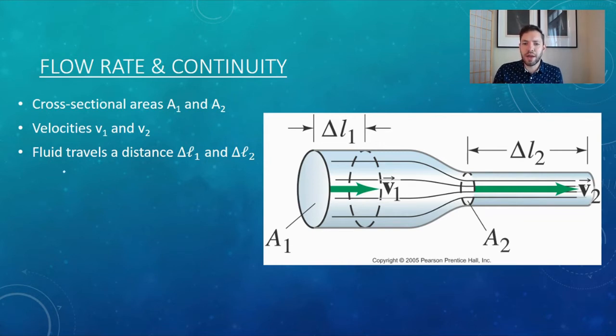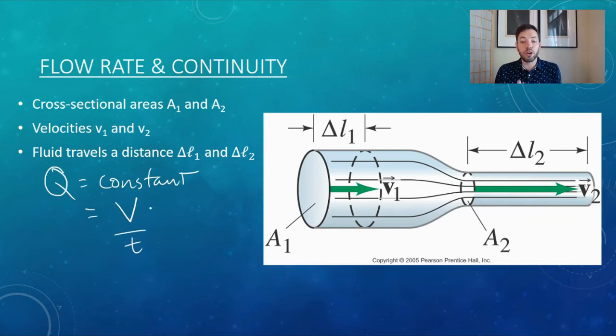Now, we talked about how this flow rate is going to be constant. What that means is that this expression here, V, the volume divided by time, is going to be constant. But think about this in terms of geometry. If we look at this section of pipe as a cylinder, remember that the volume of a cylinder is the area of its base times its height or its length.